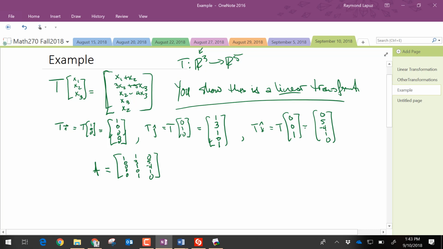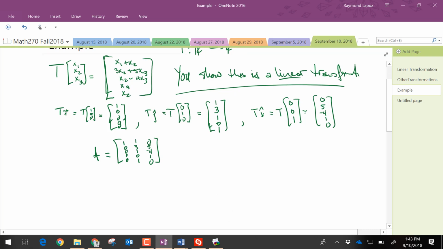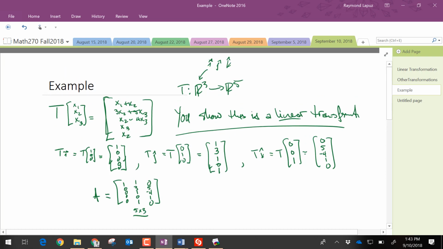So this is a what by what matrix? This is a 5 by 3 matrix, right? Notice the 5 and the 3 in your transformation definition. It takes the dimension of the range, the codomain, and then the dimension of the domain as your first and second numbers.